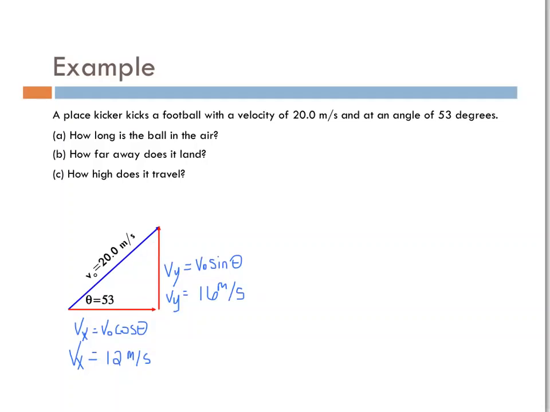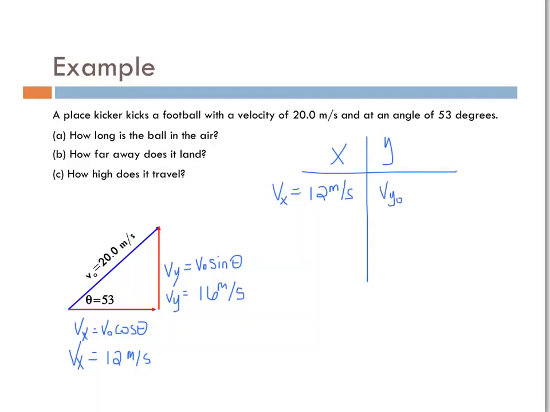So making a chart to separate my information, I have my x and I have my y. So in the x direction, I know my velocity is 12 meters per second. Again, I can just label it as my velocity in the x because I know this will be the initial and the final.